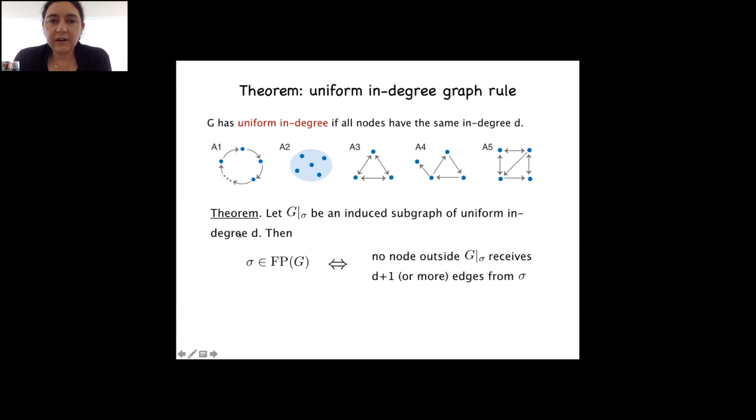Then we have the following theorem, that the support of the subnetwork is a fixed point support in the full network if and only if there's no node outside the subnetwork that receives D plus 1 or more edges from the nodes in the subnetwork. Okay, so this is an if and only if statement. It tells us precisely when uniform in degree subgraphs will be supports of fixed points.